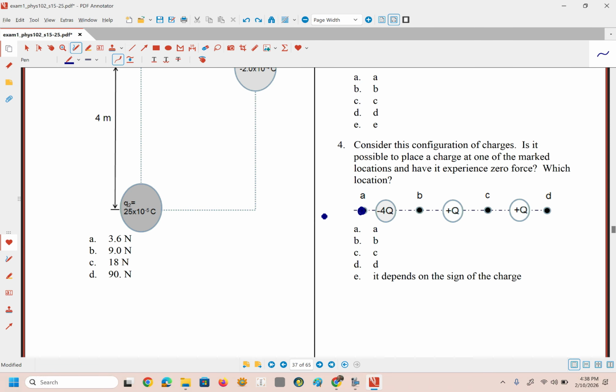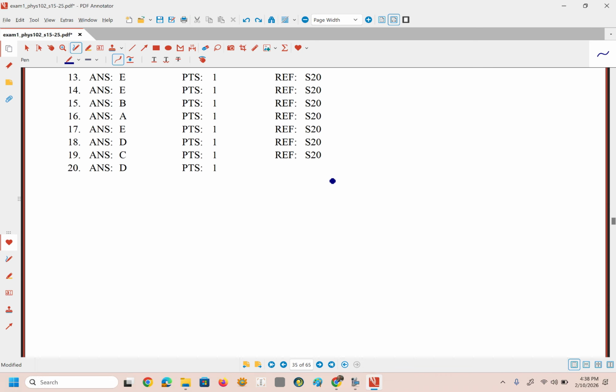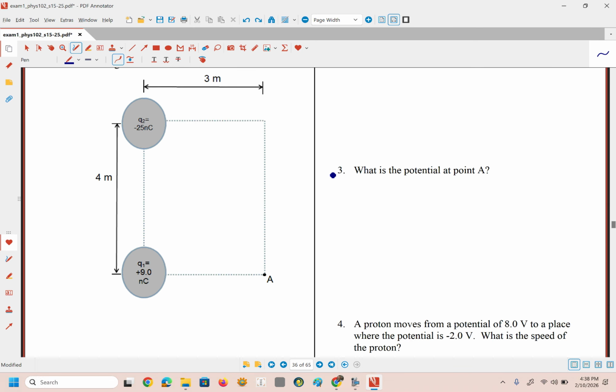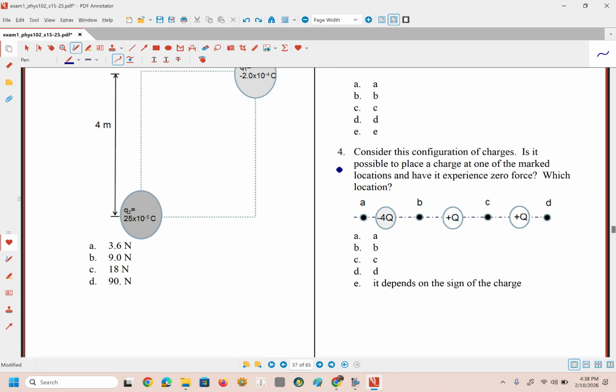No, that's not right. What's the answer? D. Is this it? Shoot, sorry, I messed up. No, I don't think that's right. That question's not right.